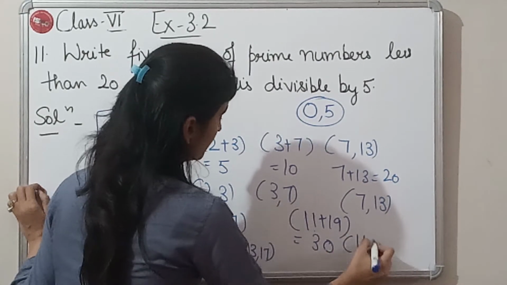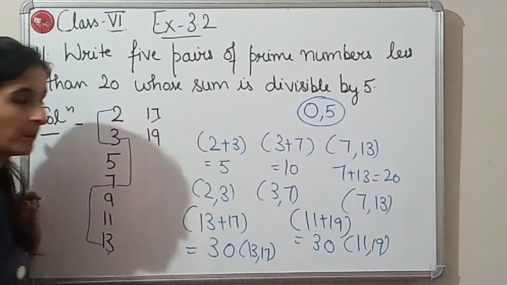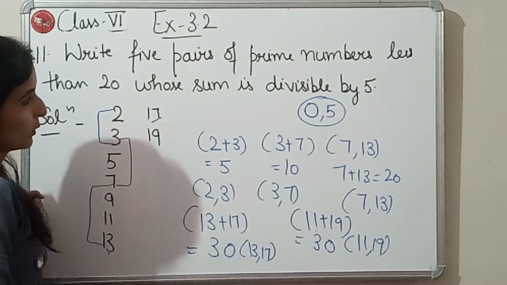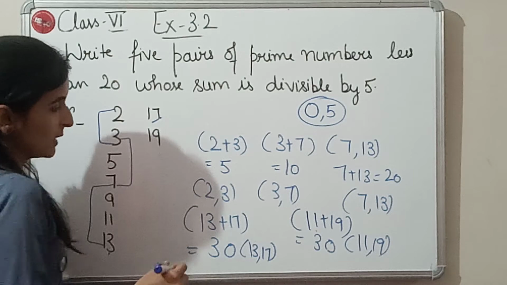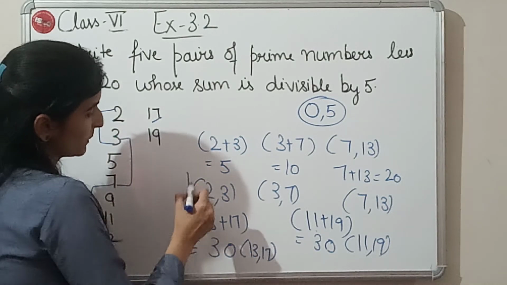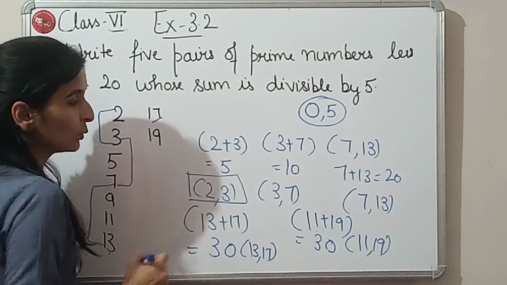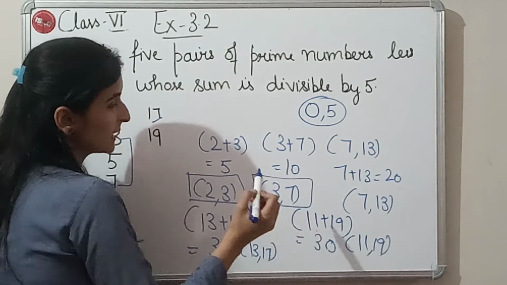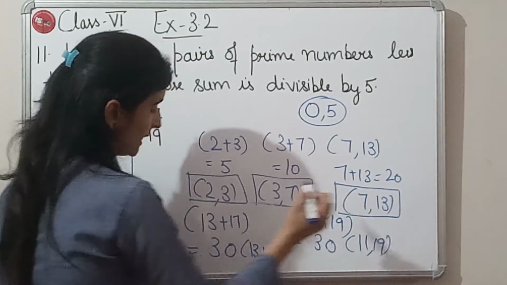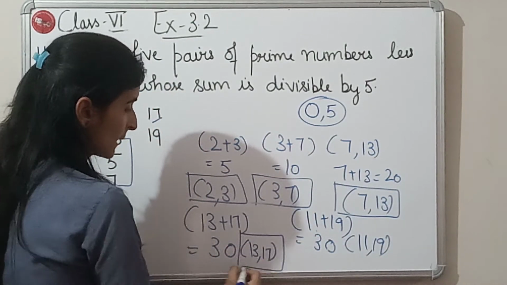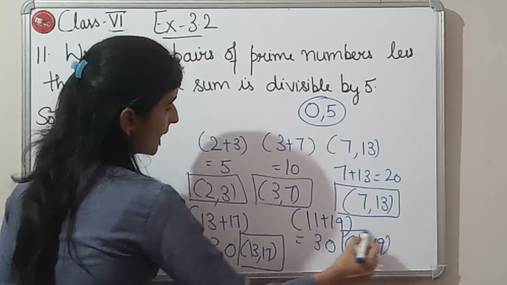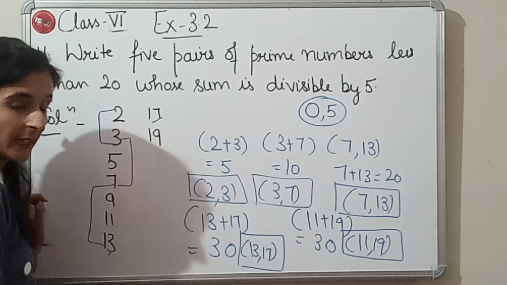So 11 and 19 can also be a pair whose sum is divisible by 5. So now which pairs have we got? 2 and 3, 3 and 7, 7 and 13, 13 and 17, and 11 and 19.